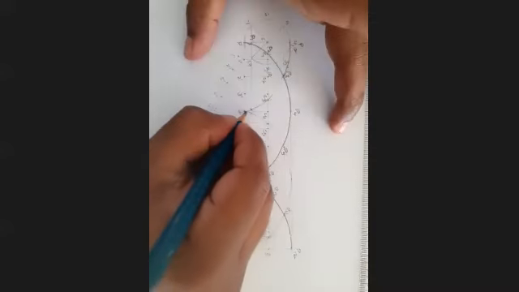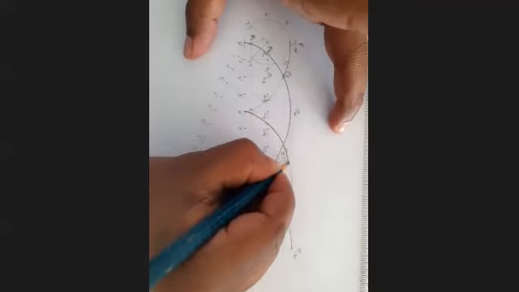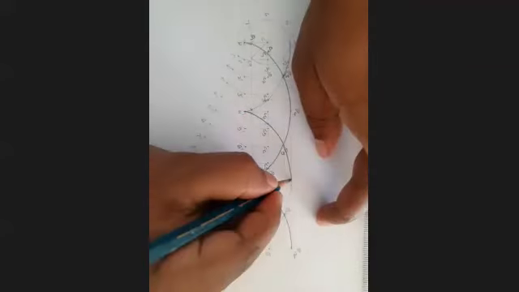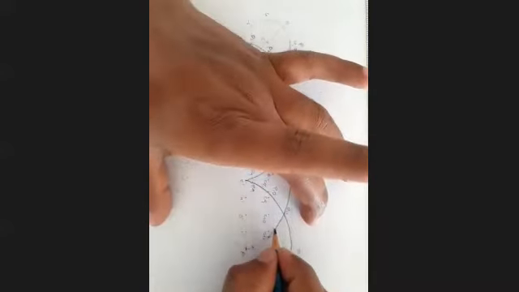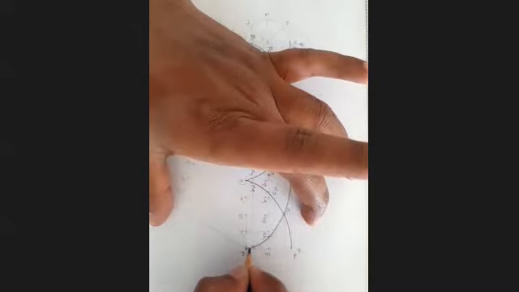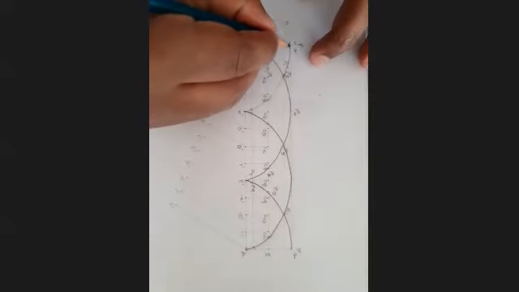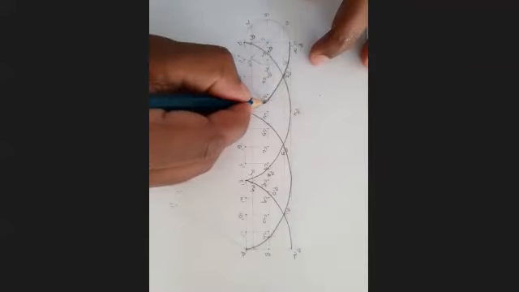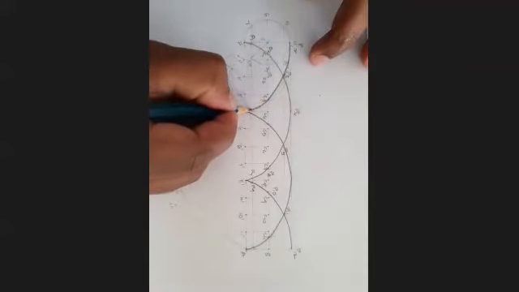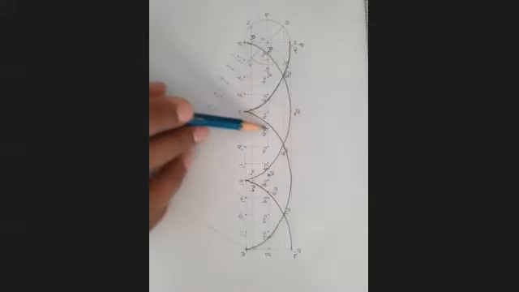Now you see, I'm darkening it. P is here, this is the curve.